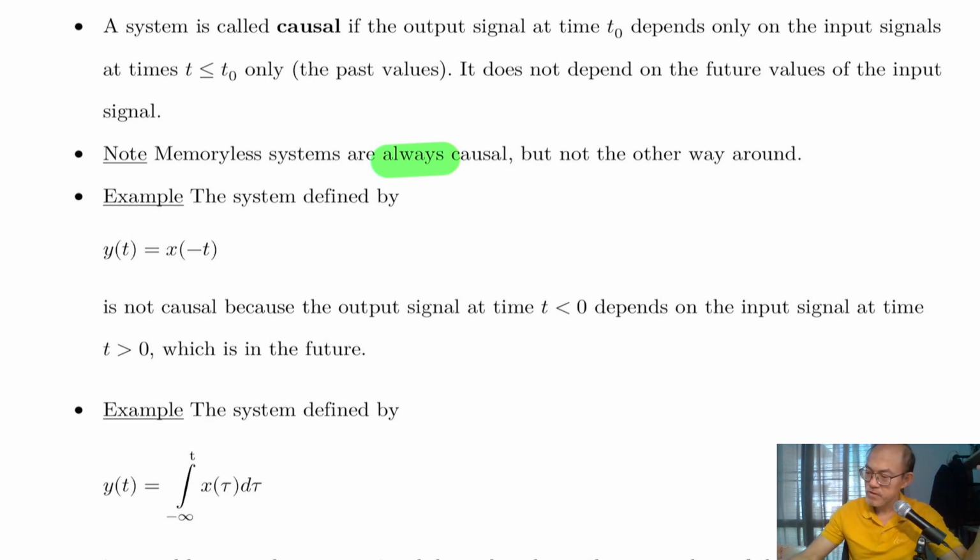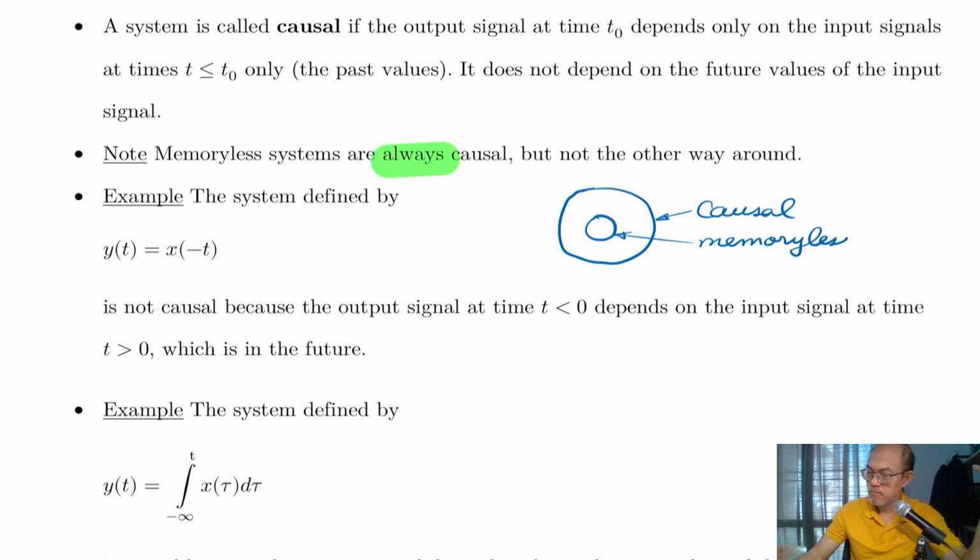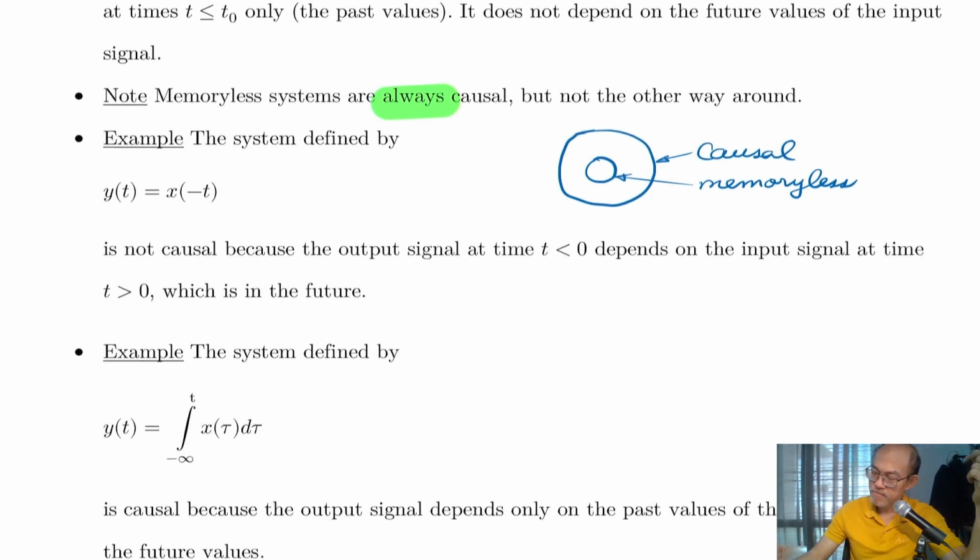If you draw it like this, causal is bigger, and this is memoryless. Memoryless systems are subsets of causal systems.